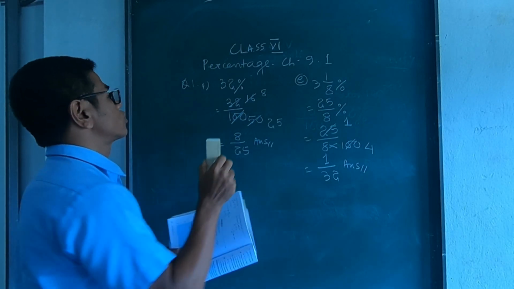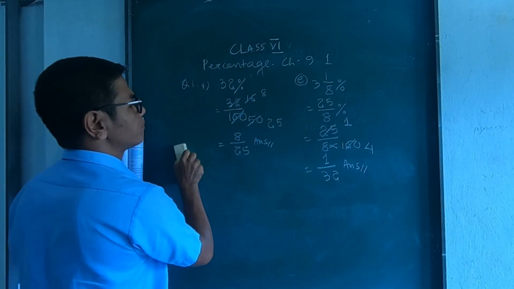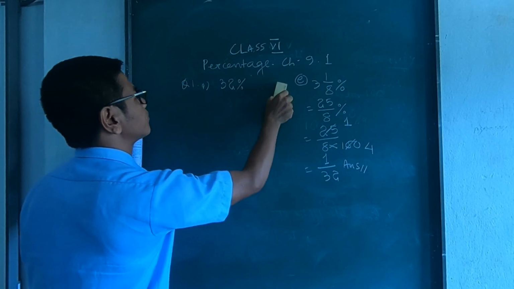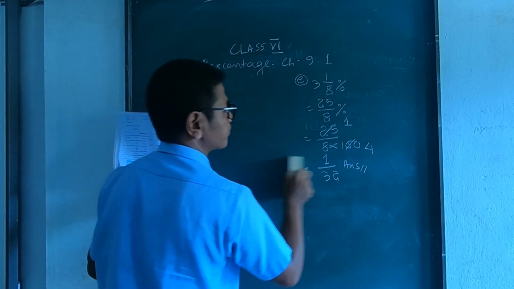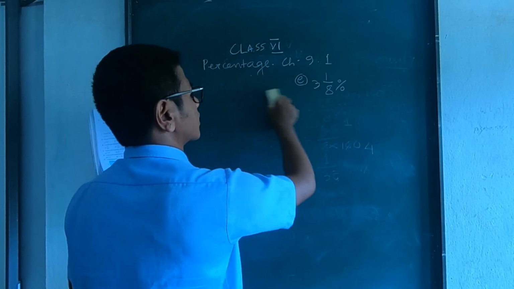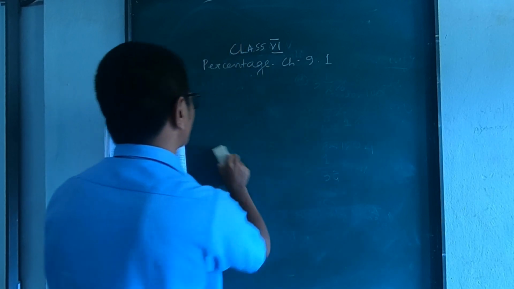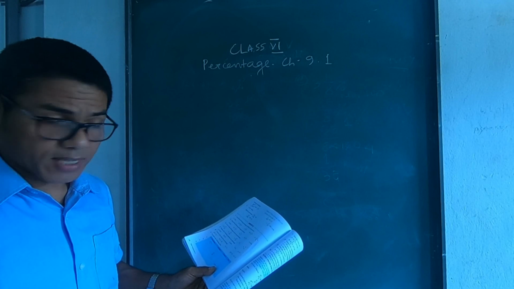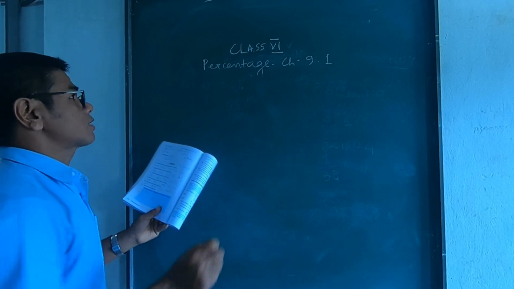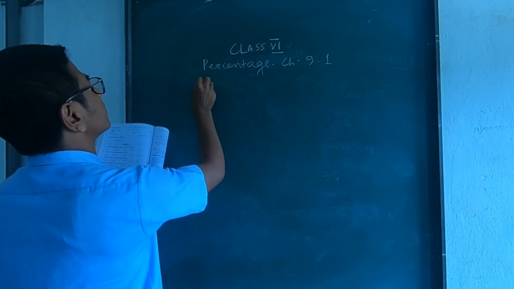Now we go to question 2. Question 2 reads like this: express the following percentages as decimal. Decimal means a dot like thing.